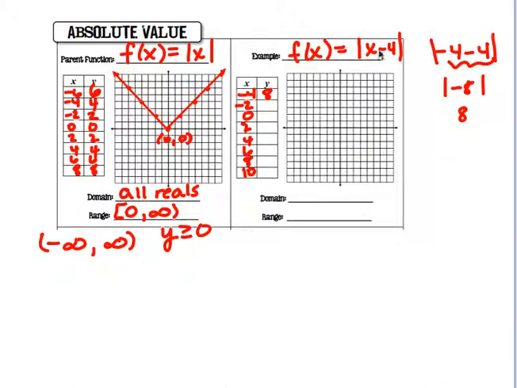Some people make a mistake and they think, oh, well, I'm going to plug in a -4, but that's really a +4. So 4 minus 4 is 0. But just be careful when you're generating your table. I'm just going to quickly write down what all the numbers were that I got.